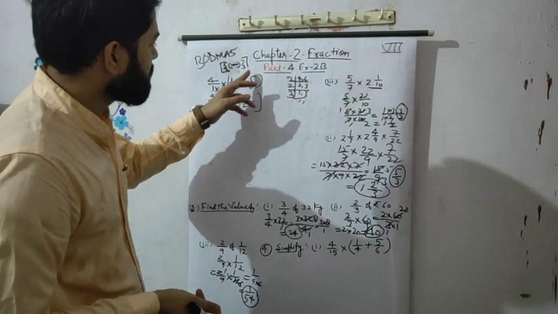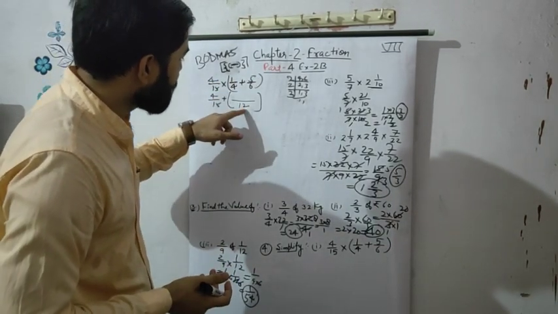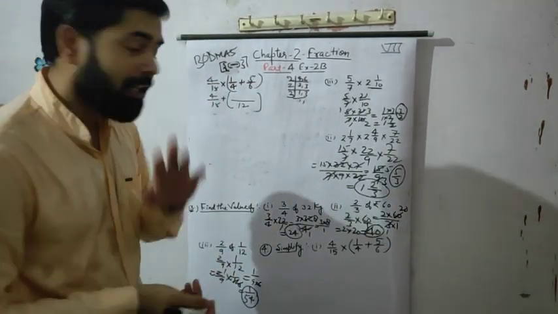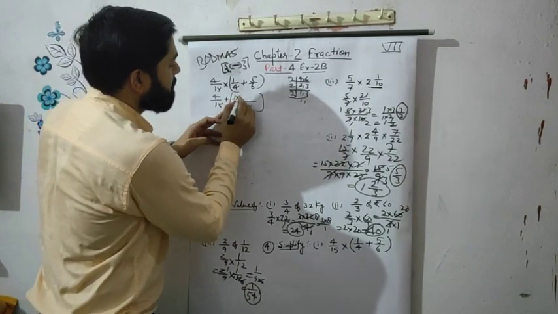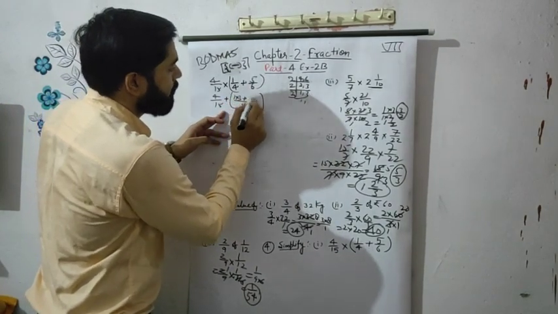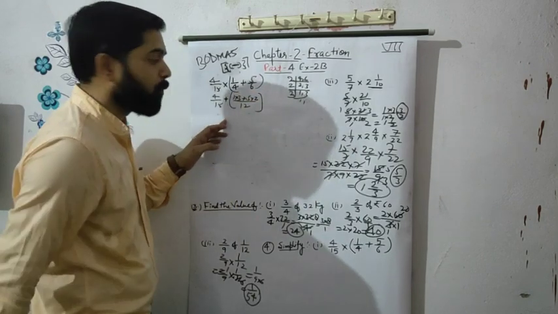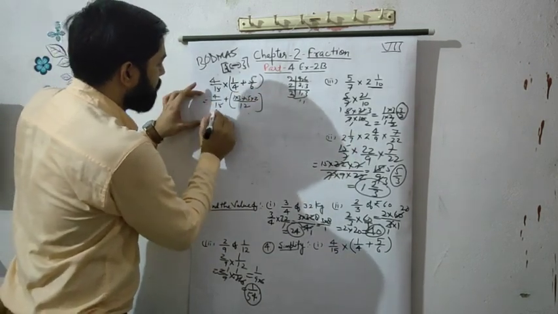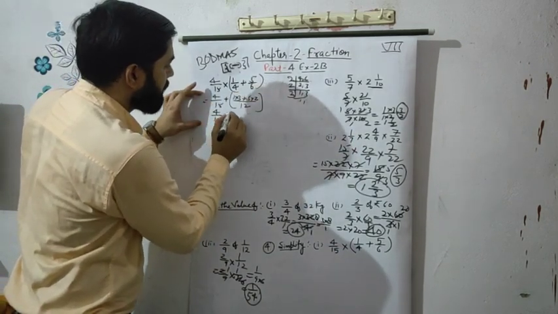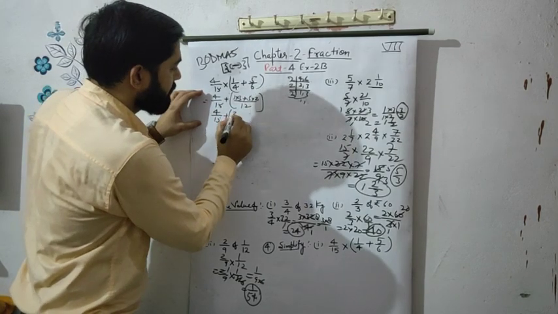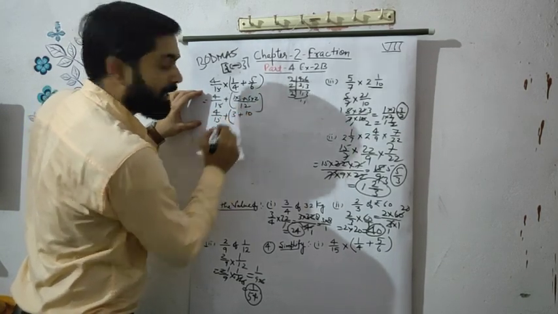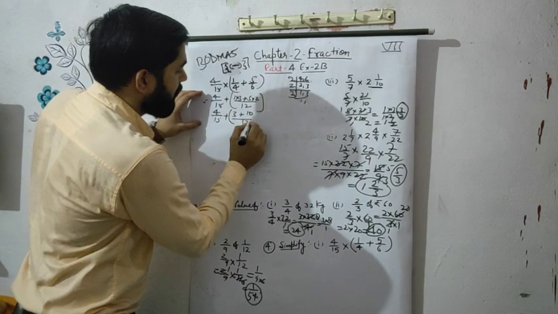So 1 upon 4 plus 5 upon 6. This 12 divided by 4: 3 4s are 12. Then 1 multiplied by 3 plus 6 2s are 12. Then 5 multiplied by 2. Then again 4 upon 15 multiplied by, in the bracket, 3 plus 10 upon 12.